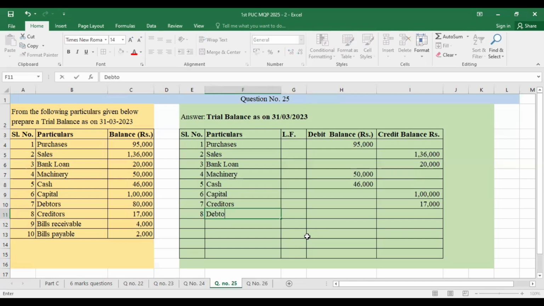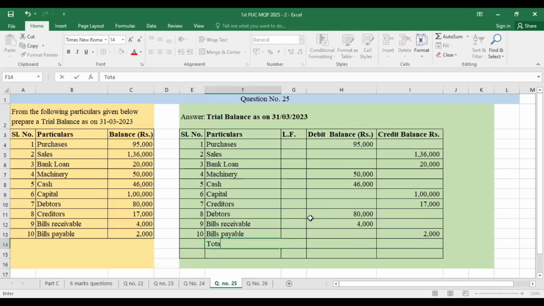Then debtors. Debtors is an asset that is yet to be received. So that is 80,000 on the debit side. Next, bills receivable is also an asset and shows debit balance of 4,000. Last one, bills payable is a liability showing credit balance.